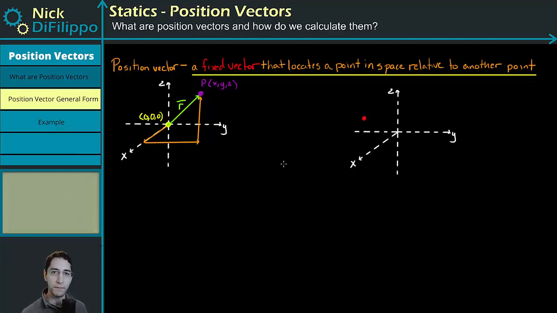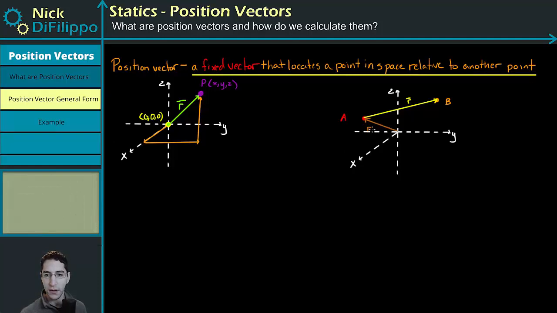In more general terms, let's say we're not relating something to the origin. We have a different reference point we want to relate something to, and we are going to call this point A. And we want to relate point B, which is over here, to point A. So our position vector R relates point B to the point that we know, which is point A. And in this case, let's relate point A to our origin.